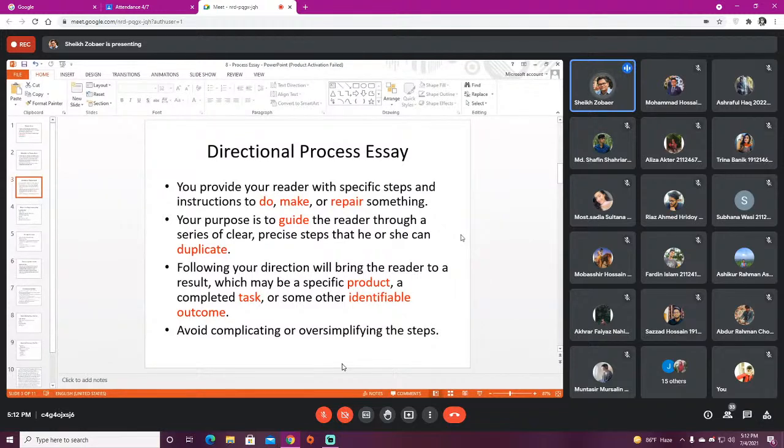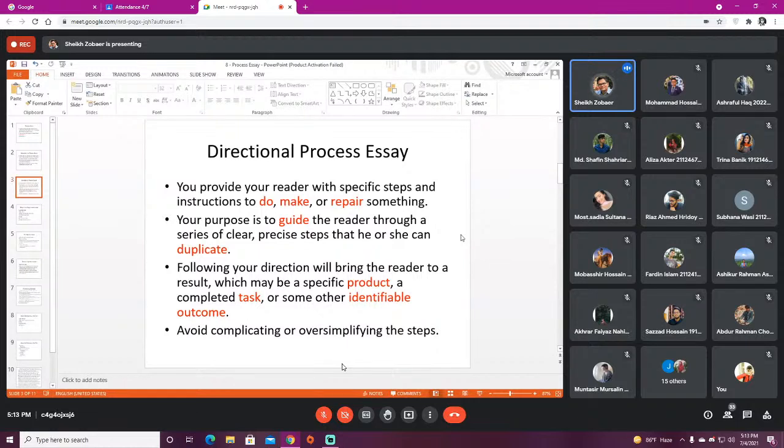For example, how to make a cup of tea, how to open a bank account, how to cook a particular dish, how to prepare for online exams, how to deal with depression. Whenever there is this expression how to do something, these essays all fall under the category of directional process essay.